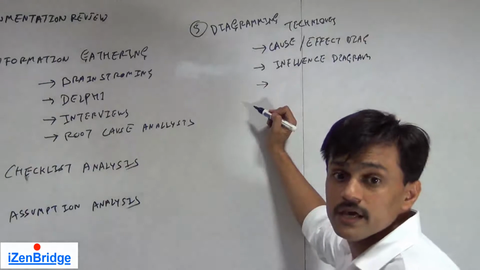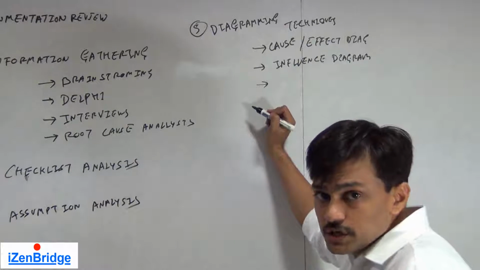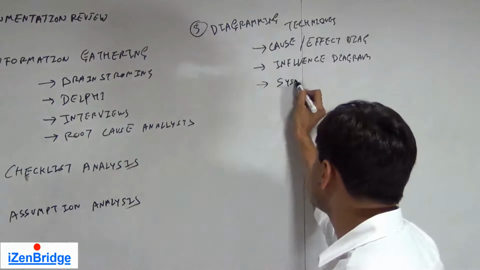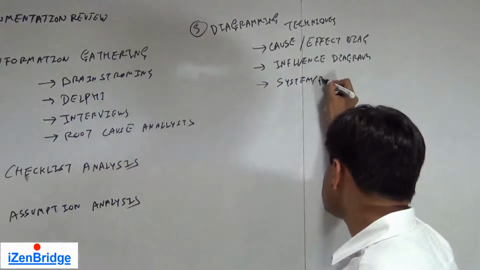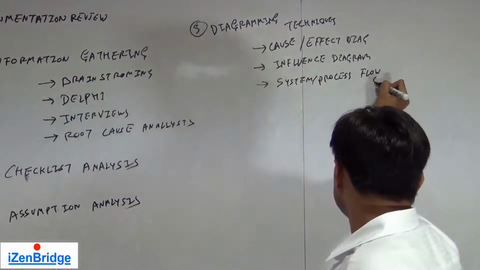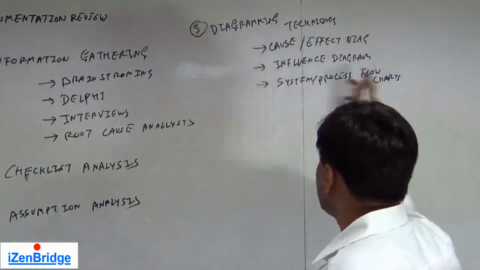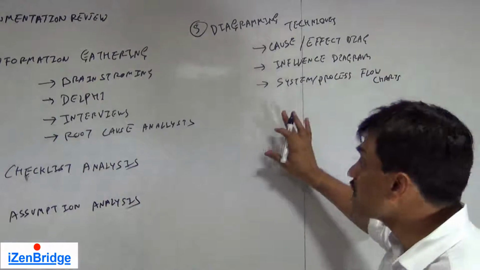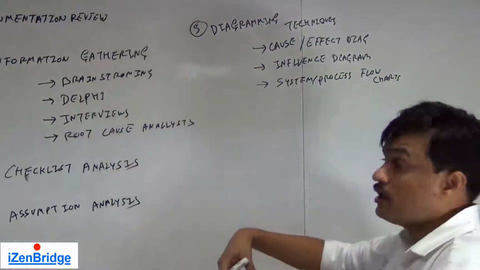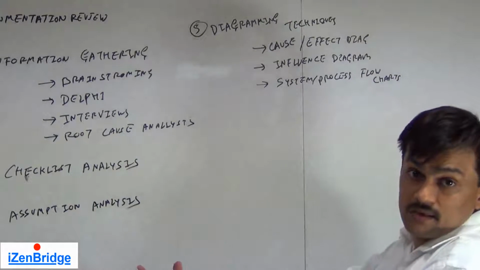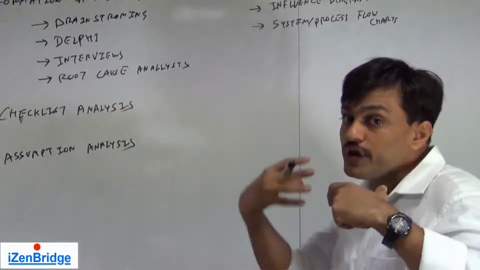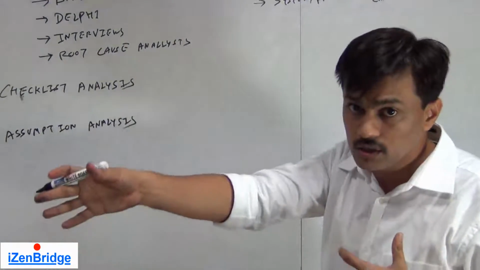Another possibility is flowcharts. You can use a system flowchart or a process flowchart. By using these techniques, you are trying to visualize your requirements, your way of doing things, your development process maybe, and trying to identify where in this particular development process things can go wrong.